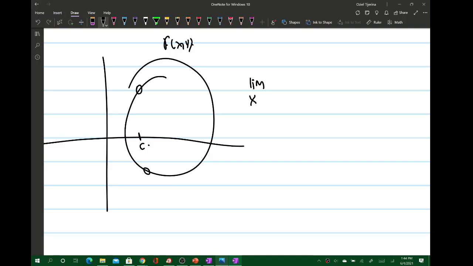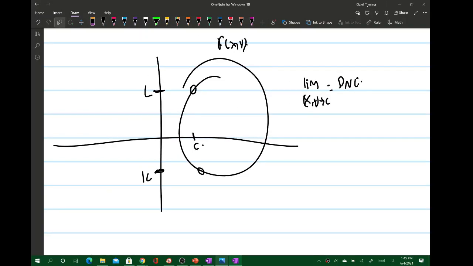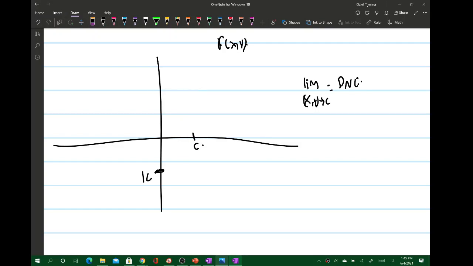I can say the limit as xy approaches c is equal to, well, it's going to be this, L, and this is K, so then it's like, well, as x approaches c from one side, it approaches two things, so it does not exist. Okay? That's what I'm trying to say here.